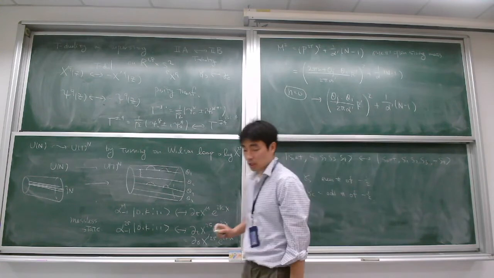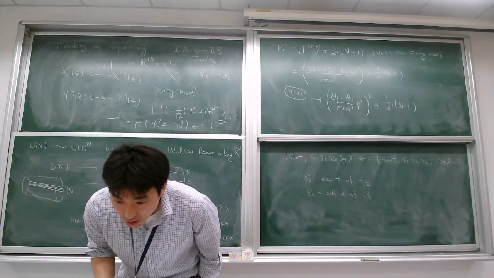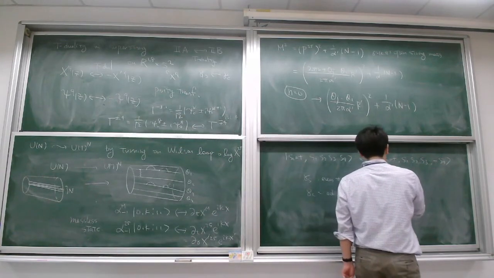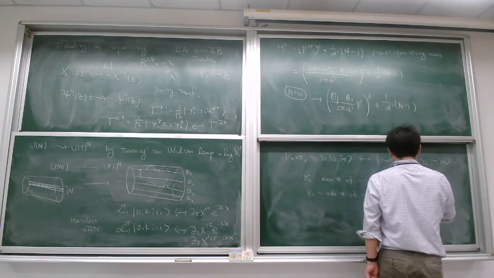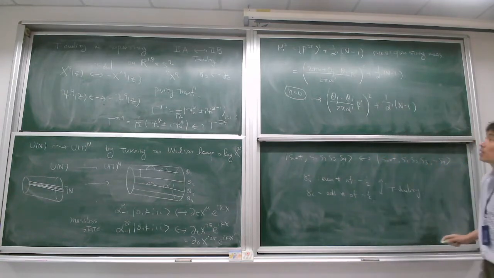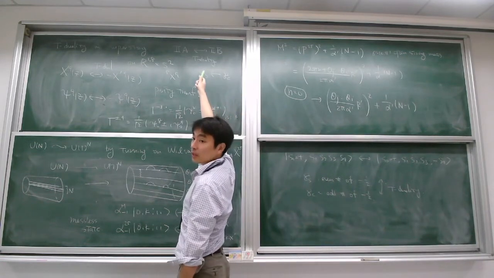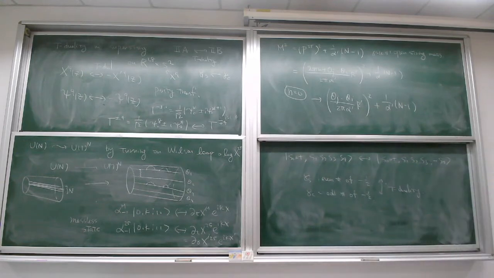That's how I define 8S and 8C. So they are swapped under the T-duality. So this ends up with type 2A swapped to type 2B.